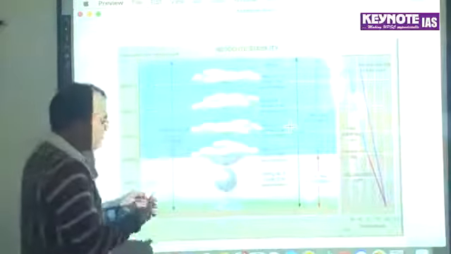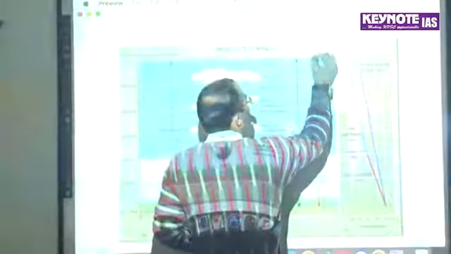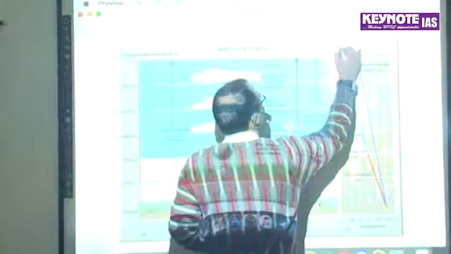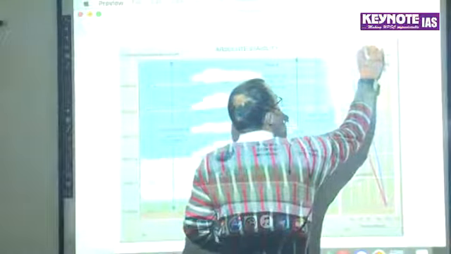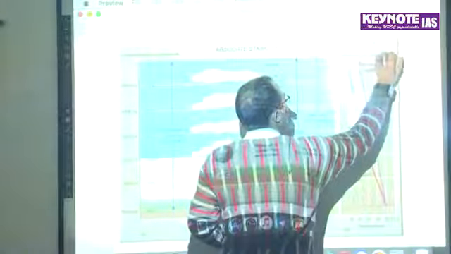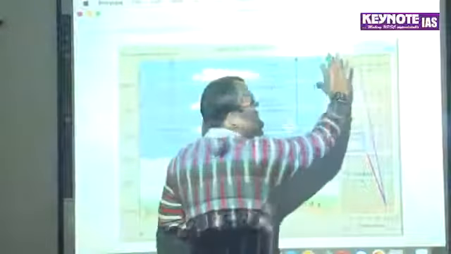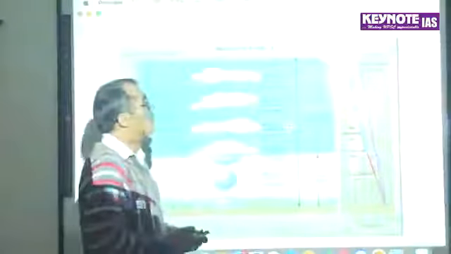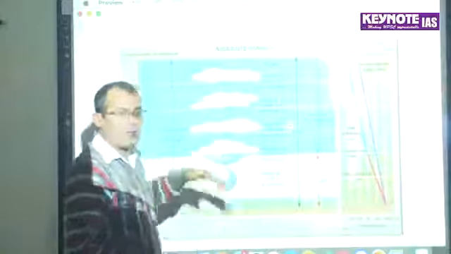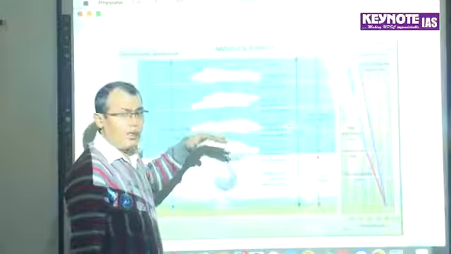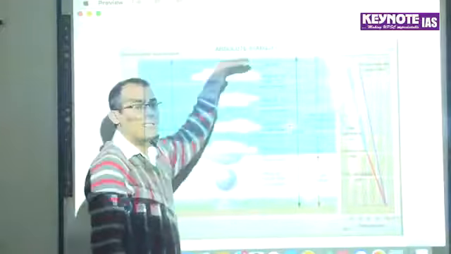So absolute stability is a condition where environmental lapse rate is less than wet adiabatic lapse rate. This will ensure that any particular layer of atmosphere is warmer than the rising parcel of air. That's what you see here.